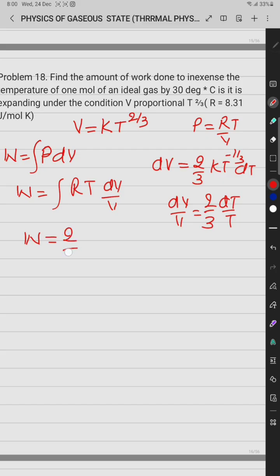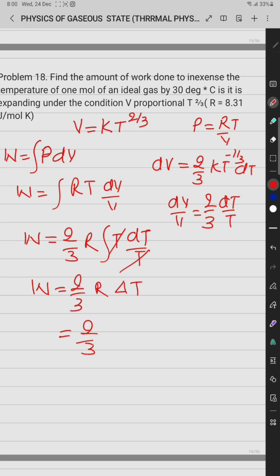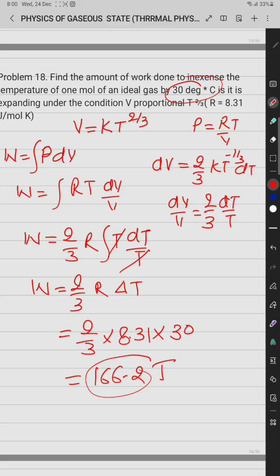It is 2 by 3 R in the bracket T, and dV by V is equal to dT by T. So T cancels with T and the work done is equal to 2 by 3 times R multiplied by delta T. Then 2 by 3 R is 8.31, multiplied by delta T. Delta T is given, it is 30 degree centigrade or 30 Kelvin. So the work done is equal to 166.2 joule. So the correct option for this is 166.2 joule.